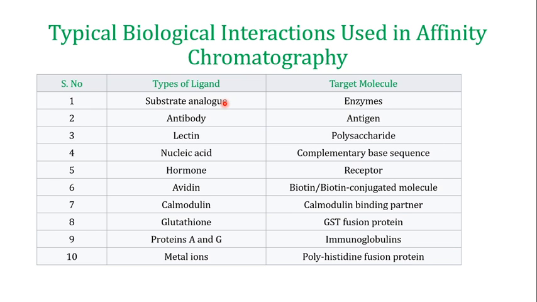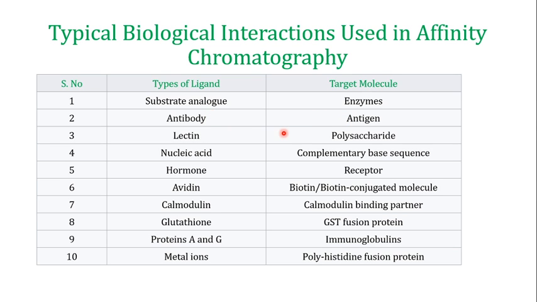If you talk about the antigen, of course it interacts very strongly with the antibody. If you have a specific antigen and you expose it to a particular antibody, the two are going to interact with each other, thereby separating the antigen of interest from the mixture with the help of that antibody.